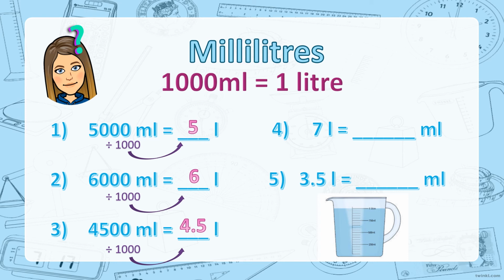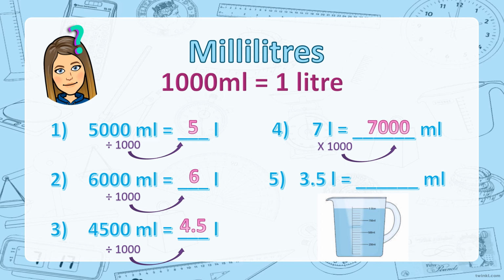Let's try our last 2 questions together. What would 7 litres be now into millilitres? Now this time we're multiplying by 1000. We need to move those digits 3 times to the right. Well done, it would be 7,000.